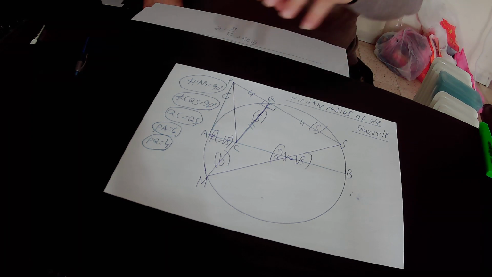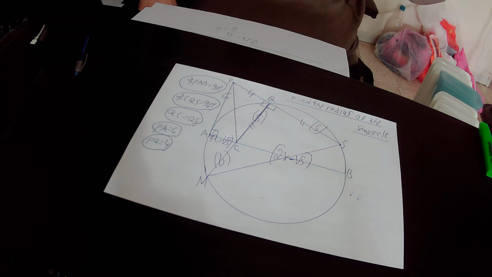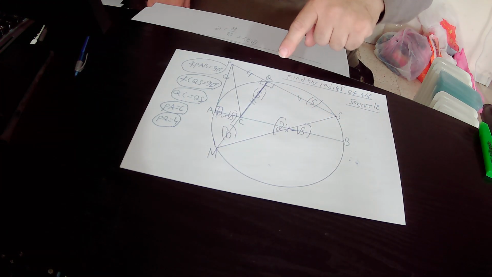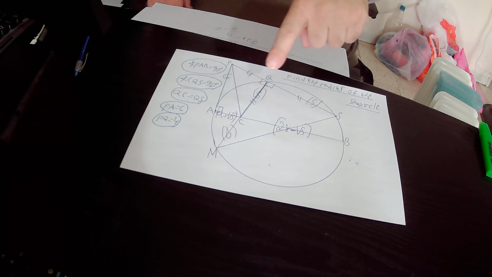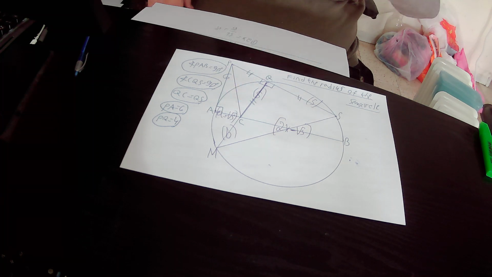Then we completed the semicircle to a circle, and we extended side QC by a straight line until it touches the circle.